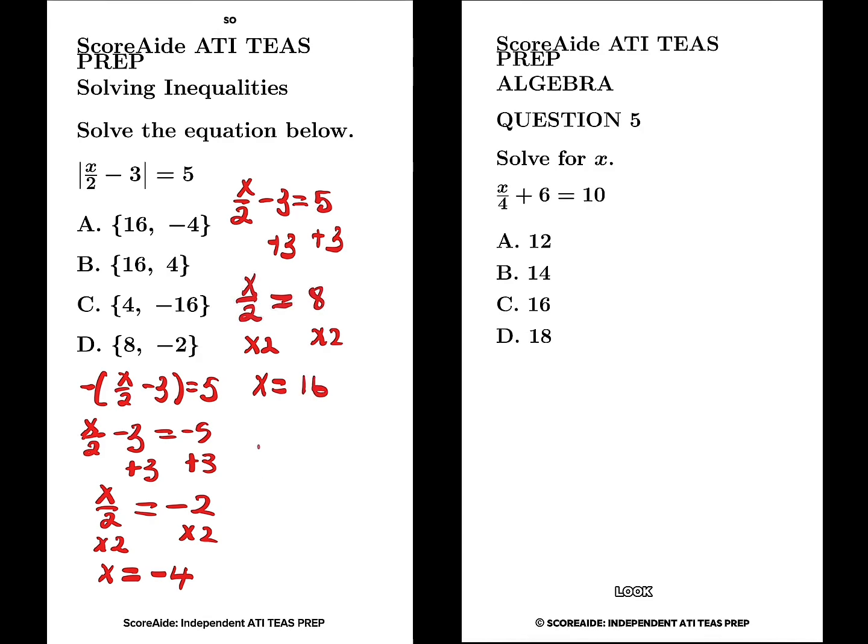So our final answer is going to be negative 4, 16. So you see that, right? Negative 4, 16. So the answer is going to be 16, negative 4, whatever. That is going to be A, right?